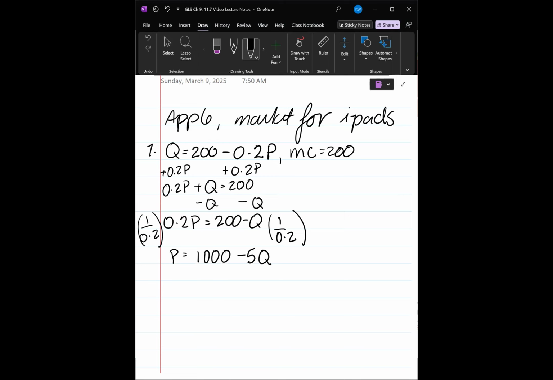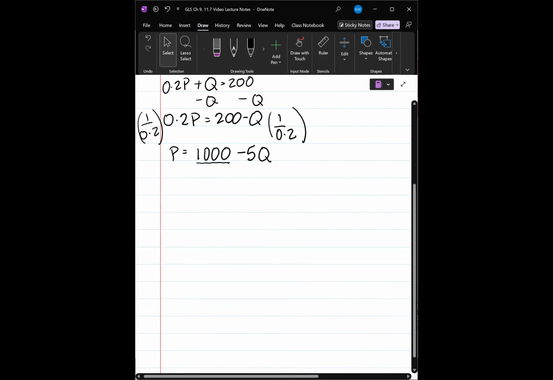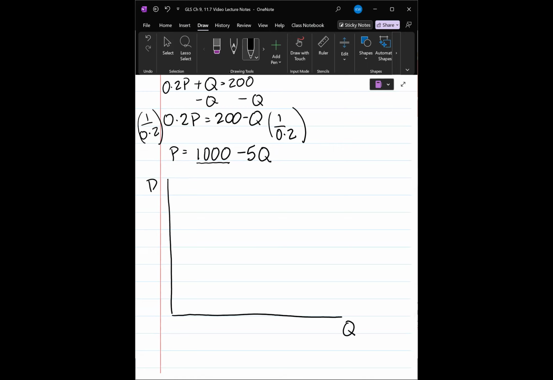So we can see that our demand choke price is $1,000 because when quantity is 0, price is 1,000, right? And we can see, referring back to our initial demand equation, that when price is 0, quantity is 200. And so we can very easily graph our demand curve here. And so that choke price is going to be 1,000 and quantity will be 200.